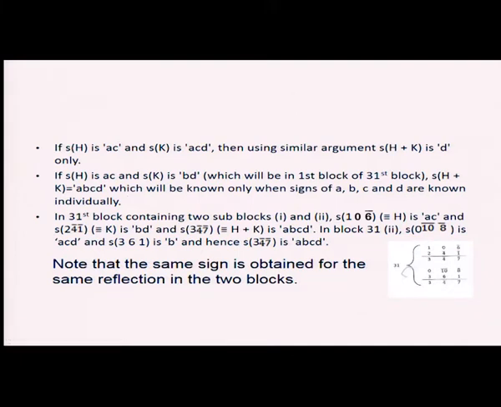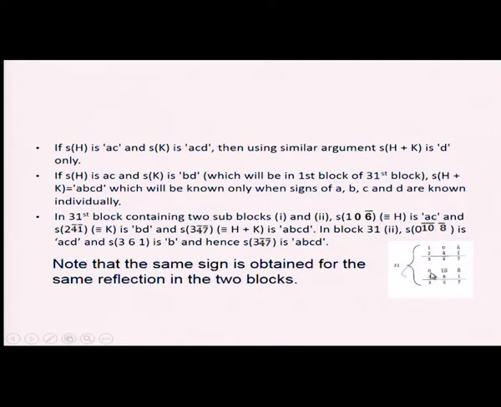Okay. Now, we have here another block. This is your 106 bar, this is AC, this is BD. So, this will be 3 4 bar 7, ABCD.